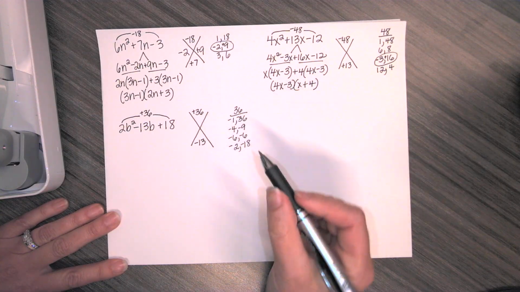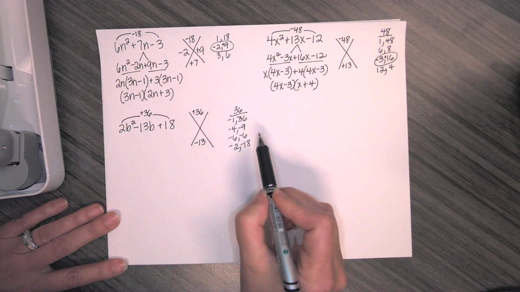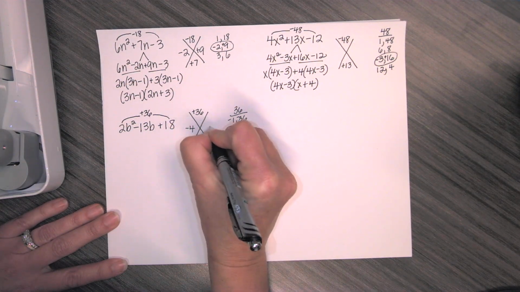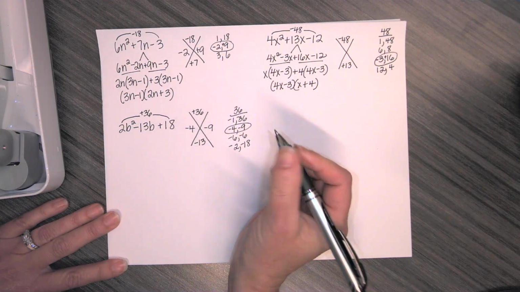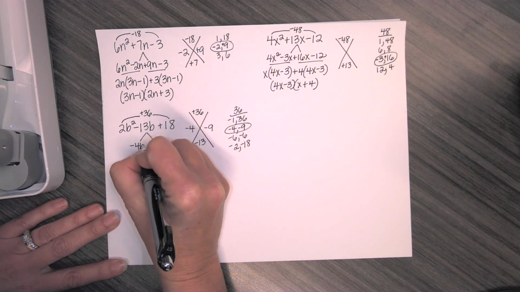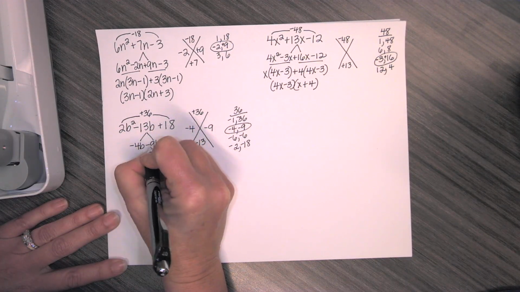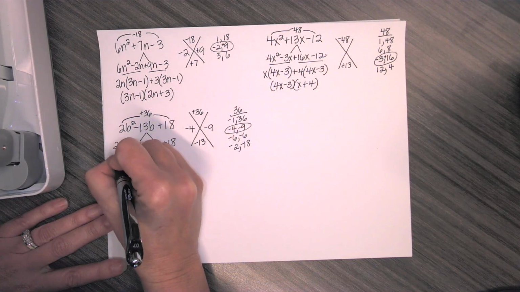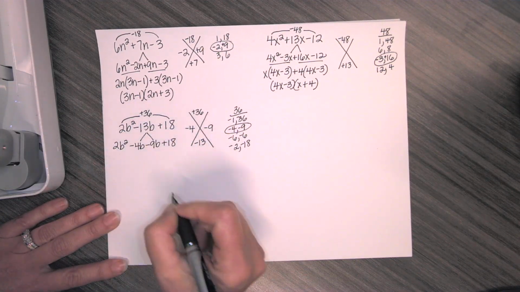Let's see if any of these work. To make negative 13, it's going to be negative 4 and negative 9. Alright, so we're going to split our middle term into negative 4b and negative 9b. Doesn't matter the order. Bring my last term and my first term straight down.